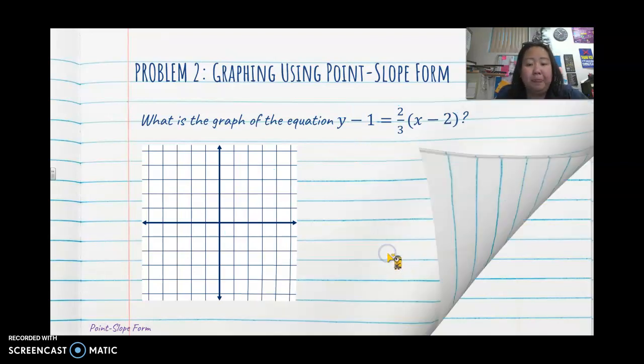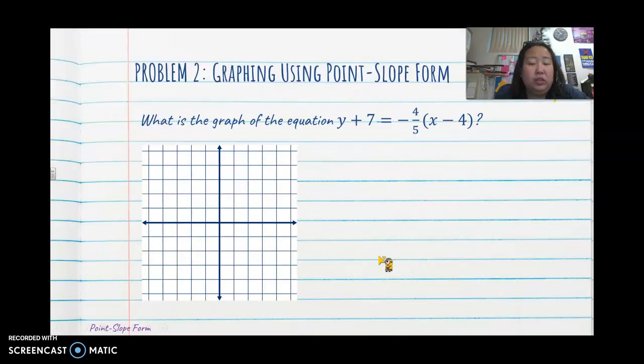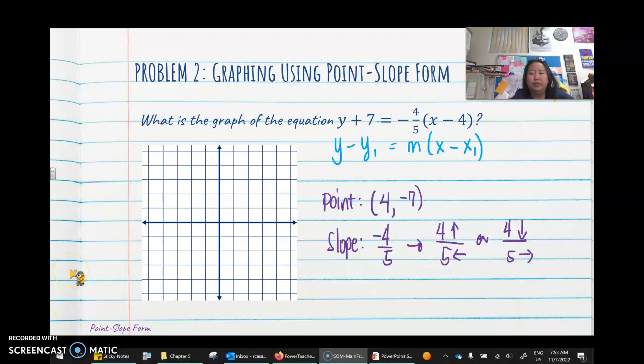All right, so why don't you try this next example? Graph the line y plus 7 equals -4/5 times x minus 4. Go ahead. Okay, so sorry, I had to switch on the light. Remember our point slope form, y minus y sub 1 is equal to m times x minus x sub 1.